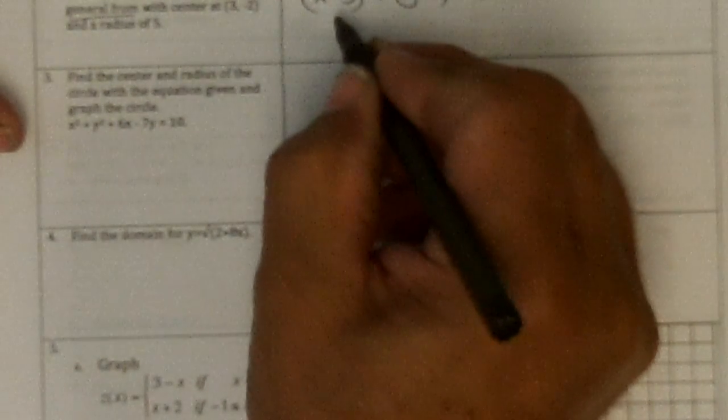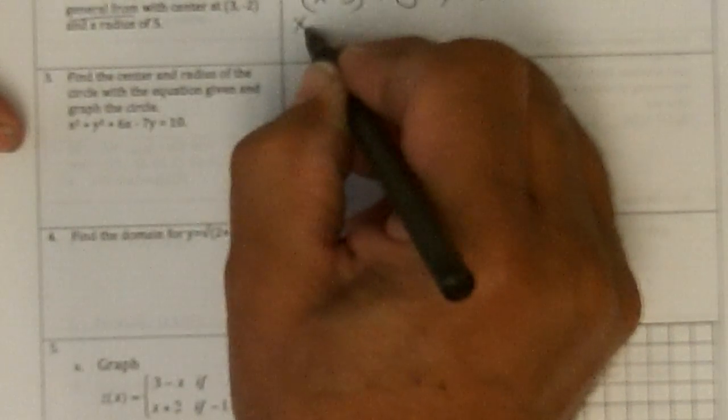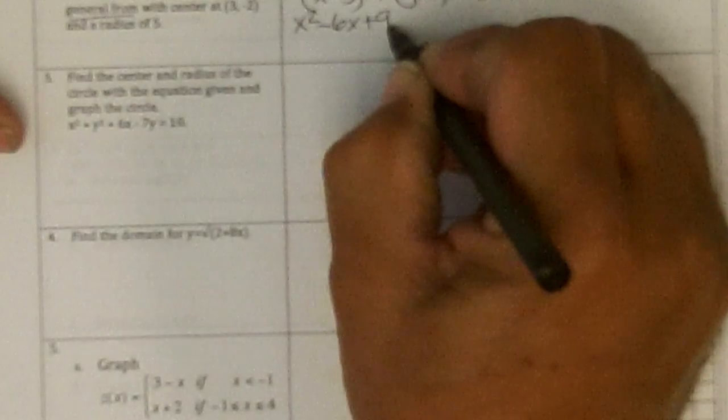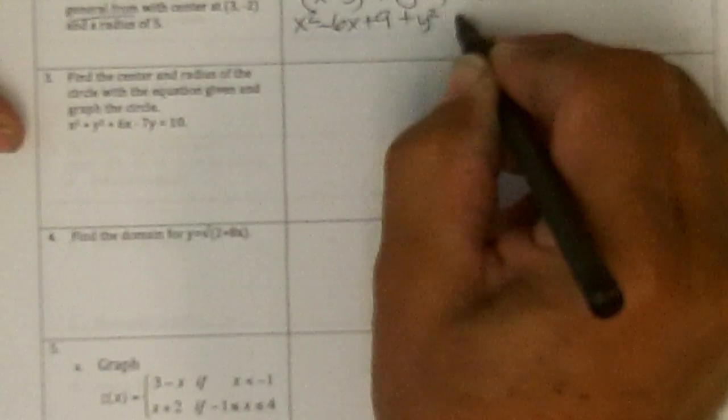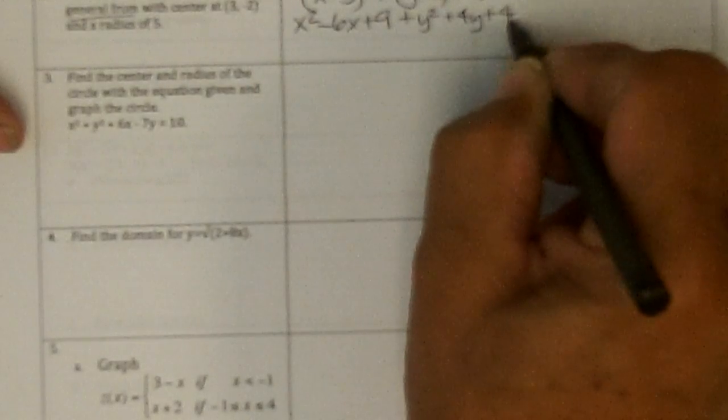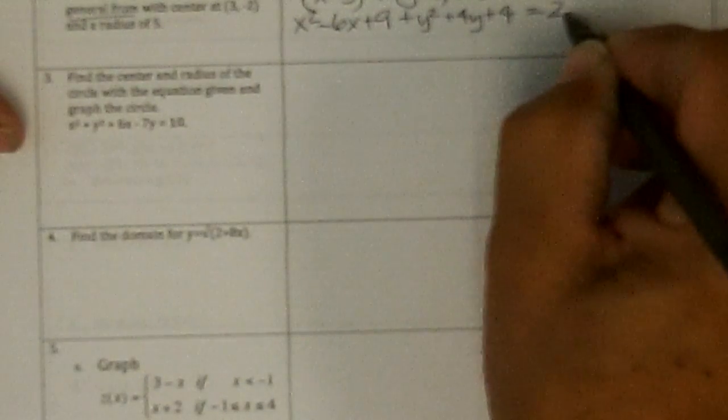And if I want the general form, that means multiply this out and get the x squareds and the y squareds and then the x's and then the y's and then the constant equals 0. So this is going to be x squared minus 6x plus 9 plus y squared plus 4y plus 4 equals 25.